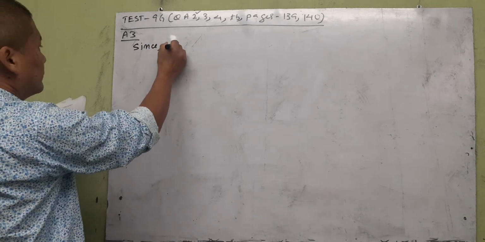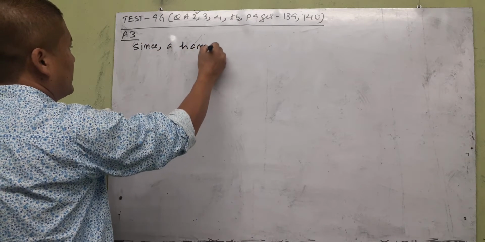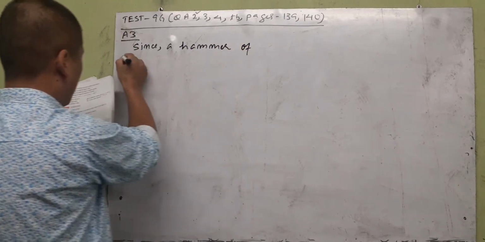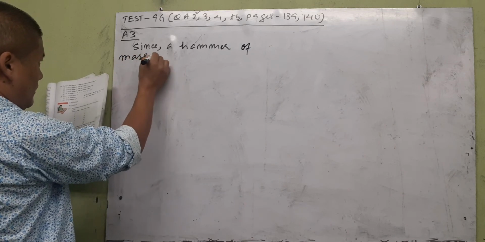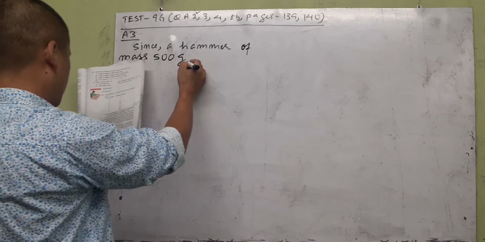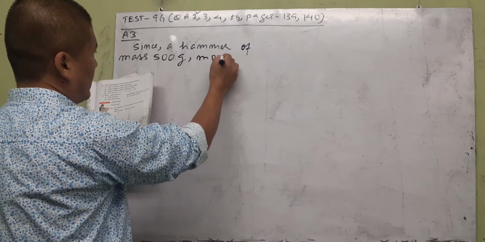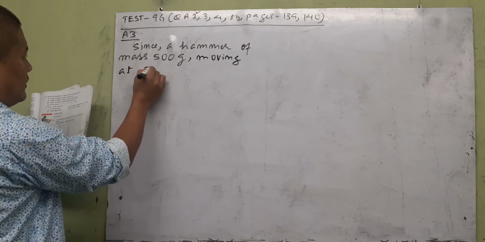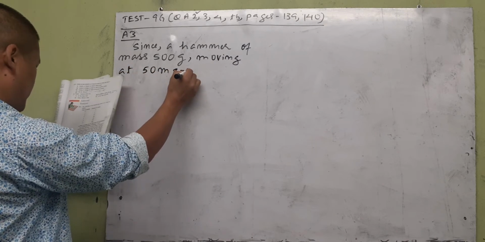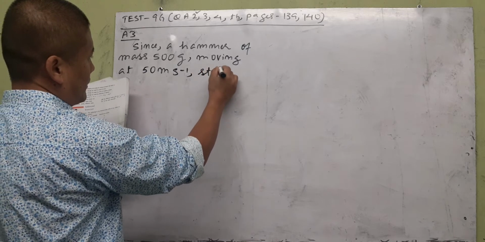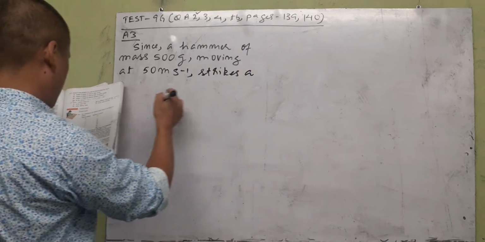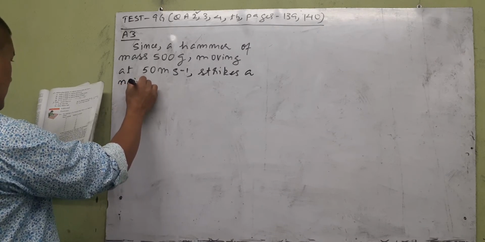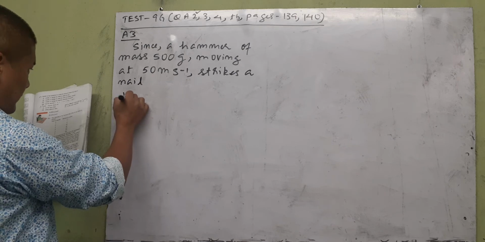Since a hammer of mass 500 grams moving at initial velocity 50 meter per second and strikes a nail, right? Nail. So you just write here from this information.